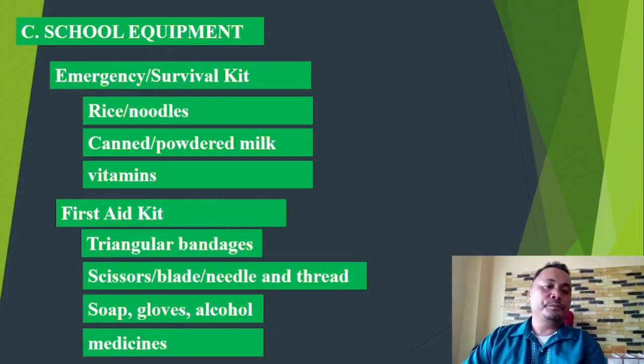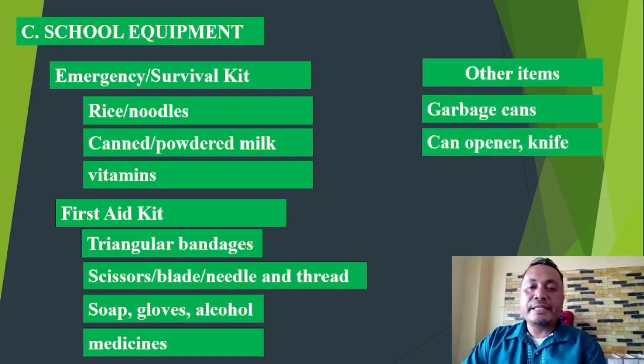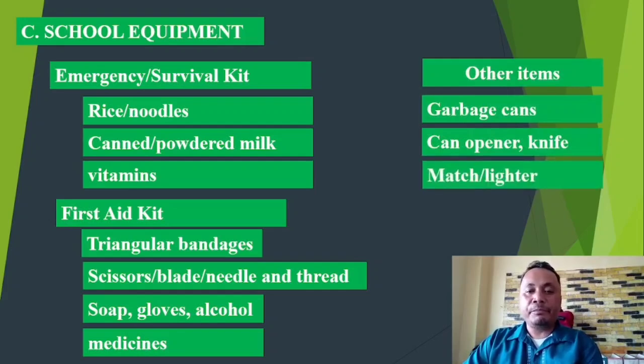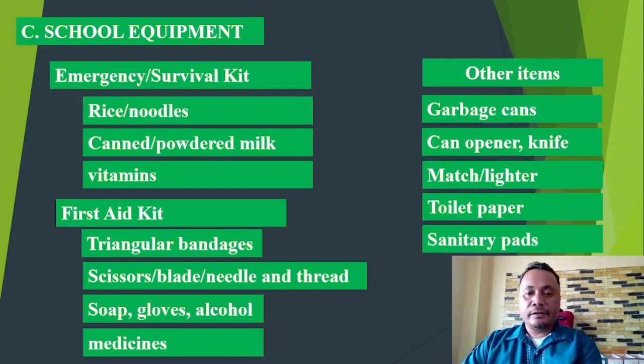And also other items like garbage can opener, knife, match, lighter, toilet paper, and then sanitary pads, shovel, plastic pail, disinfectants, whistle.